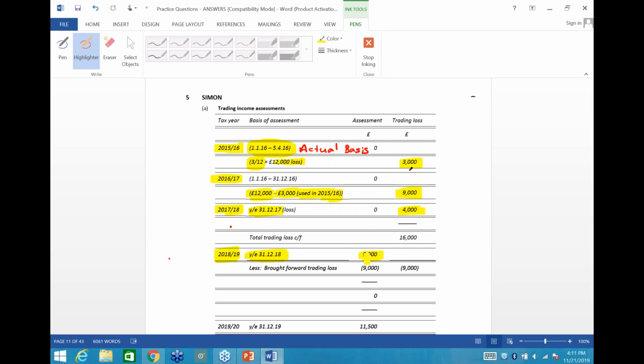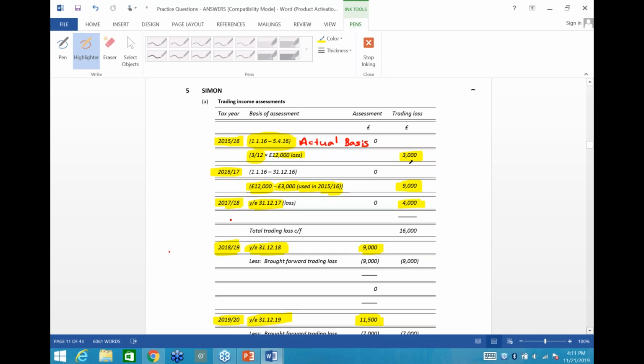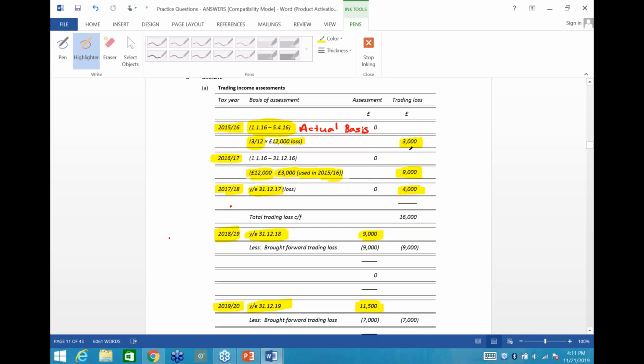And then there's an estimated profit for the year ended 31st December 2019 that falls into 19-20 tax year. The period of account is 12 months, so you use the current year basis. We expect a profit of 11,500. Now you would notice that you have incurred 3 losses during the first 4 tax years.